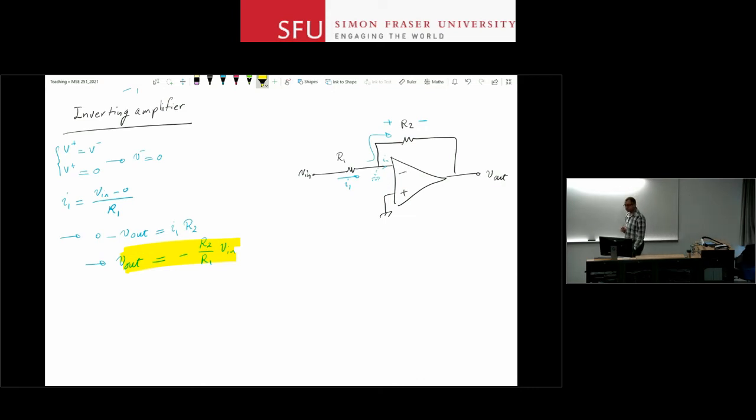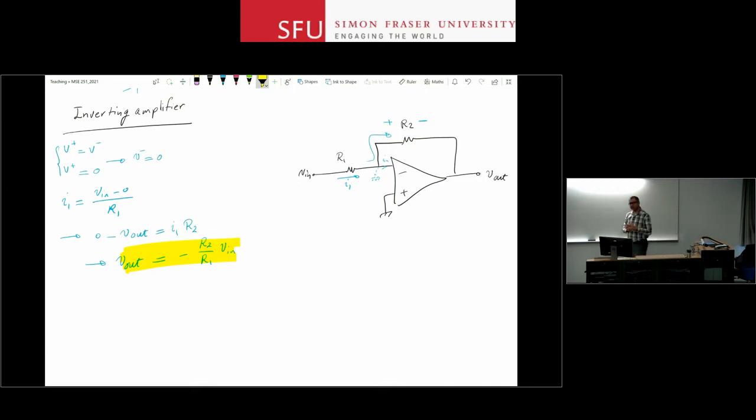Excellent. We got a gain using just 2 resistors without worrying about biasing, changes with temperature, anything, right? As long as your resistors are stable with temperature and the ratio is what you want for the gain, you've solved your amplification problem.